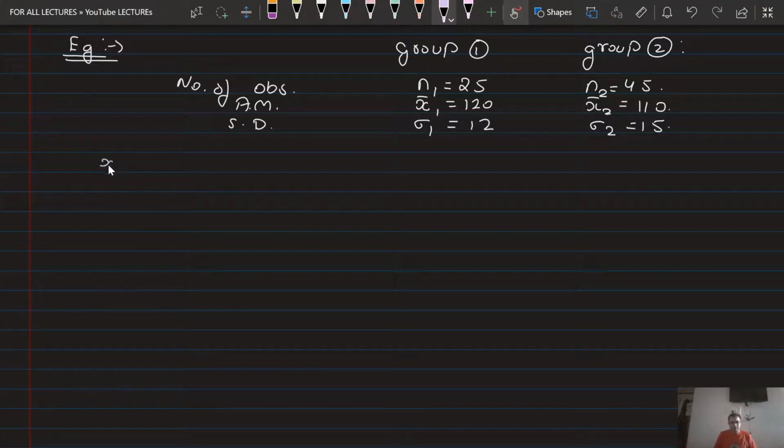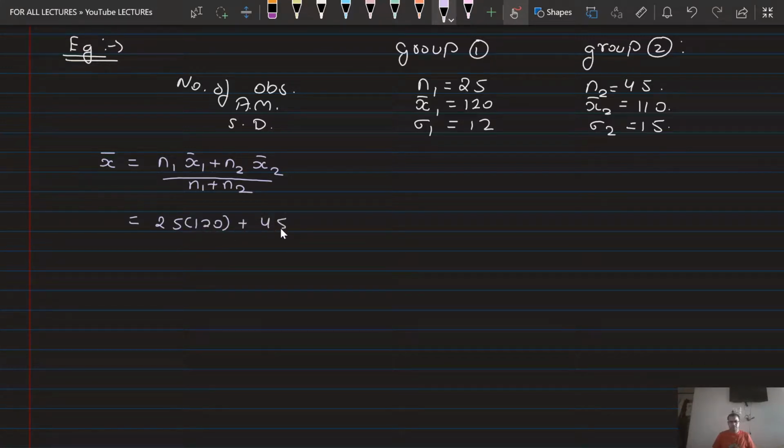So I will say over here x bar is equal to n1 x bar 1 plus n2 x bar 2 upon n1 plus n2, which is, just calculate this, 25 into 120 plus 45 into 110 and divide this by 25 plus 45. So when we do that, what is the answer? Did you get it?